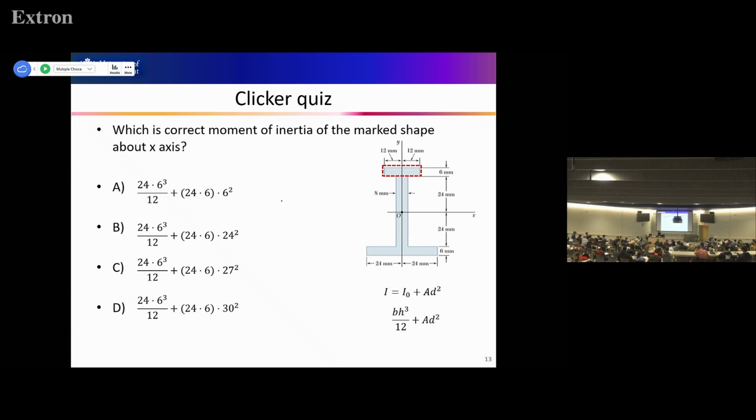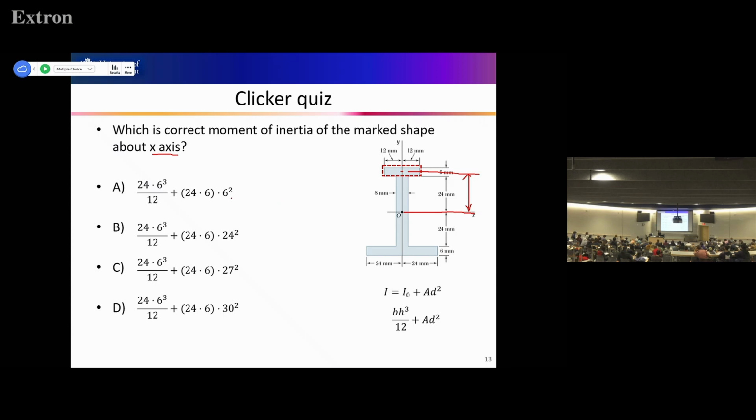Okay. So what is the distance between the centroid and the axis of calculation? What is the axis of calculation? X, right? X-axis. So x-axis is here, right? And then what is the centroid of this shape? Center, right? Then what is the distance between this and x-axis here?